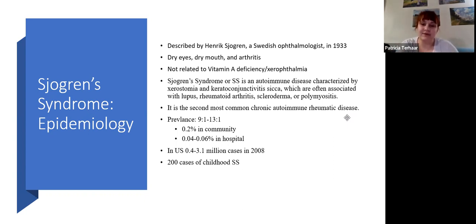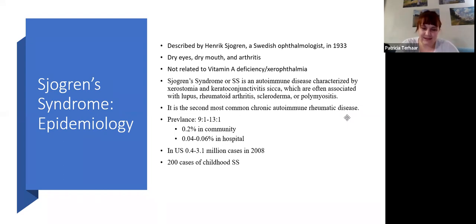It is an autoimmune disease characterized by xerostomia, keratoconjunctivitis, and xerosis, which are often associated with lupus, rheumatoid arthritis, scleroderma, or polymyositis. It is the second most common chronic autoimmune rheumatic disease, with a prevalence of 9-to-1 to 13-to-1, with a prevalence of 0.2% in communities and 0.04 to 0.06% in hospitals.